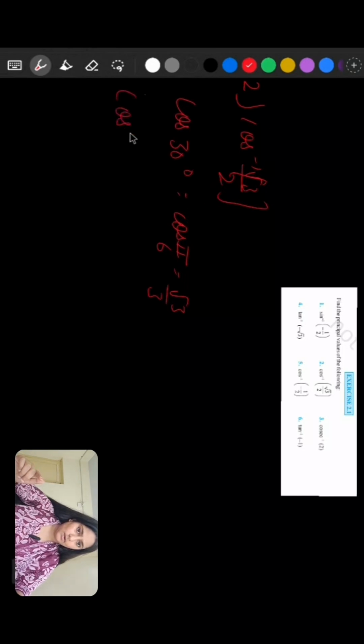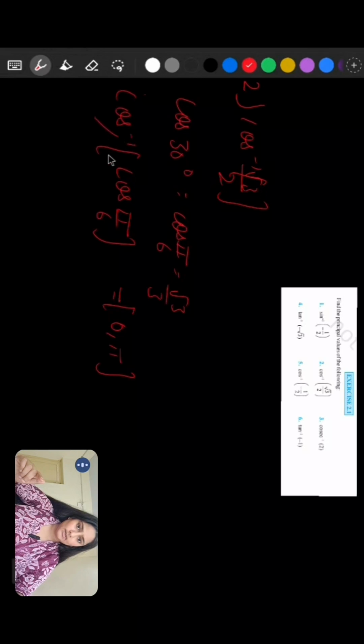Now let me write cos inverse of cos pi by 6. Now check the range of cos inverse. The range of cos inverse is 0 to pi, and we will cancel cos inverse and cos both, and the answer will be pi by 6. Here pi by 6 comes in the range of 0 to pi. So the answer for question number 2 is pi by 6.